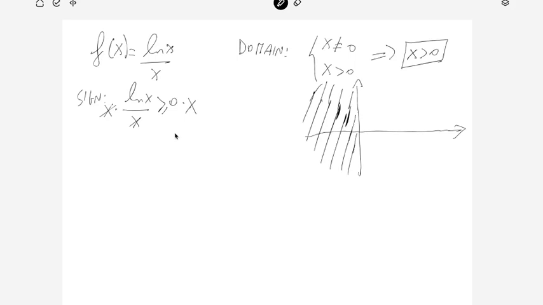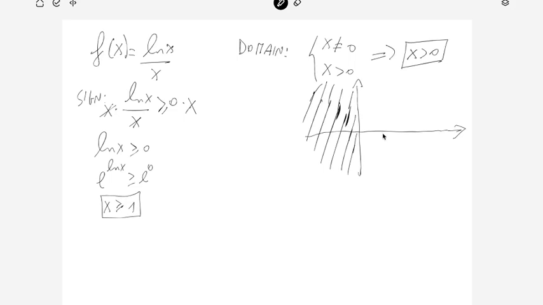So in this case I can avoid the study of the sign of the fraction. Okay, so the inequality becomes logarithm of x greater or equal than 0. I pass to the exponential, so e to logarithm of x greater or equal than e to 0. E to logarithm of x, you remember by the fundamental rules that it is equal to x. So x greater or equal than 1.